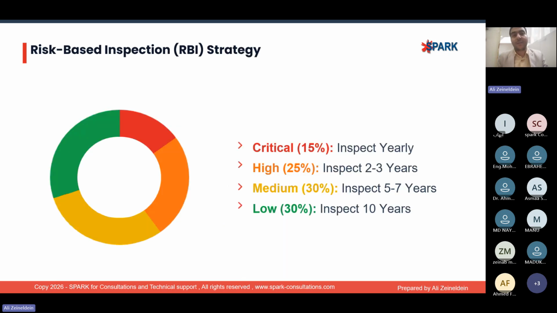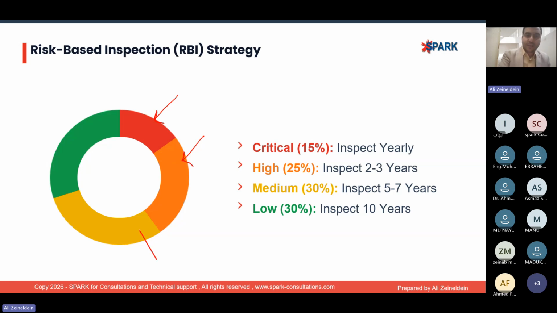Here, talking about the risk-based inspection strategy, RBI, risk-based inspection, focusing on critical points. This is too much high. This is a high risk.